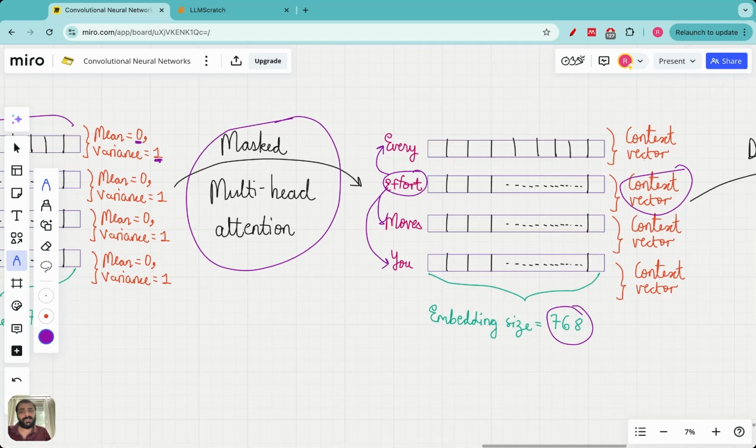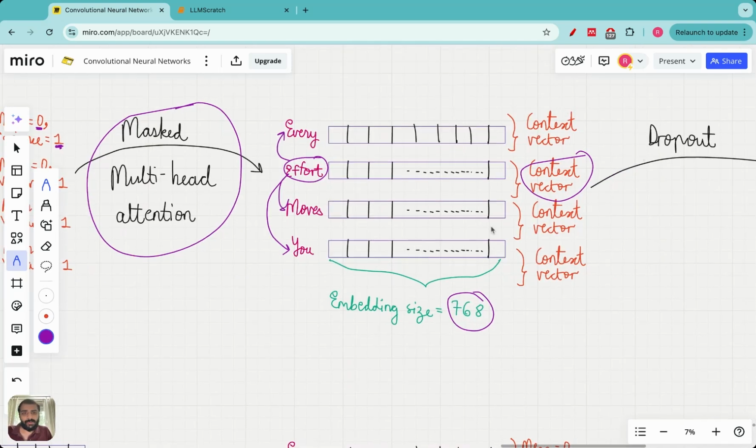The context vector looks very simple right now, but we have devoted 5 lectures of 1 hour, 1.5 hours each to understand this one step, because here is where the real magic happens. Here is where we transform vector embeddings into context vector embeddings. So we capture meaning and context as to how different tokens or words are related to each other.